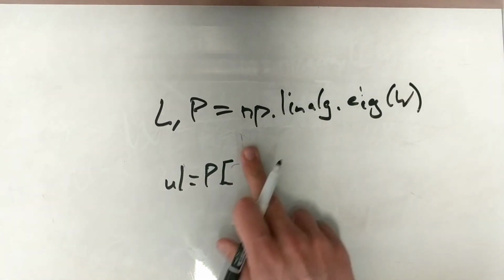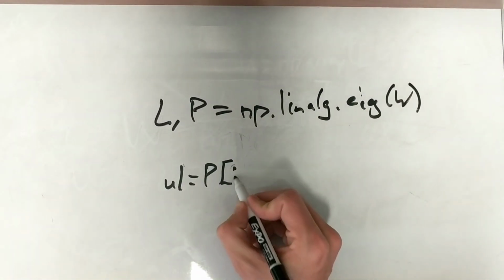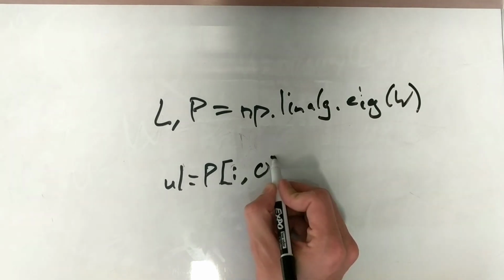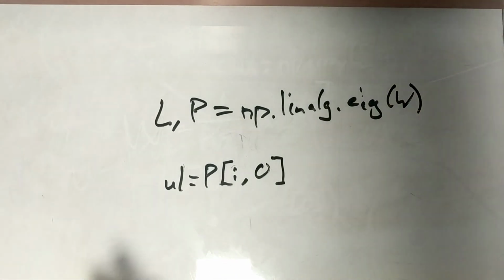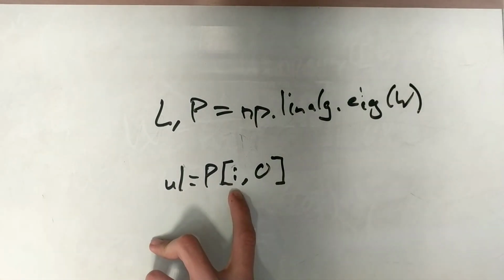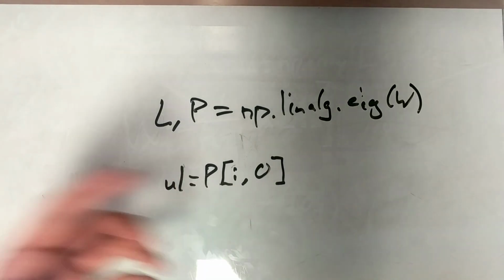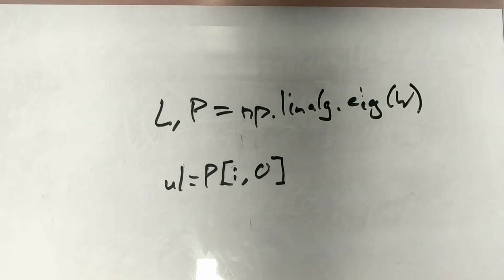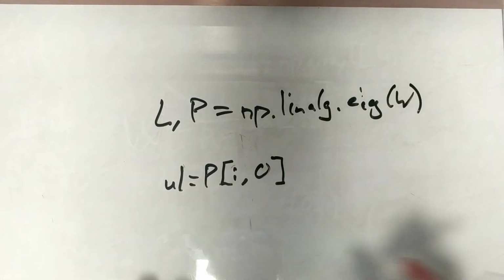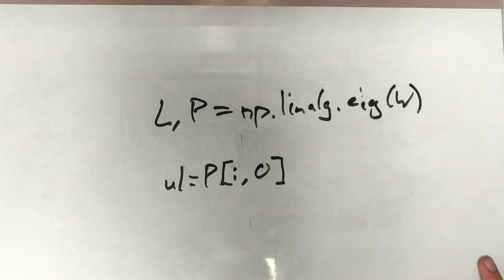So if we want to do the columns, we would use this notation, colon, comma, 0, which means we're going to look at all the rows, and all of the first entries in those rows, which is the first column. And again, you'll change this value depending on what eigenvector you're looking at.